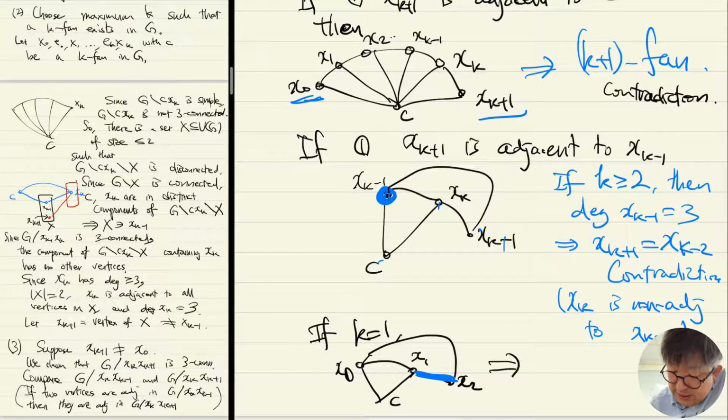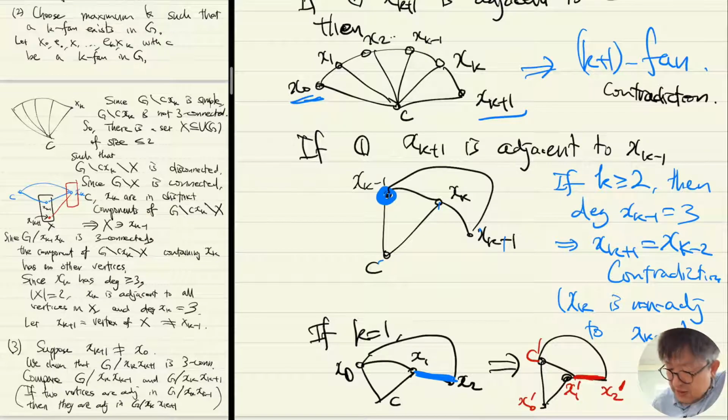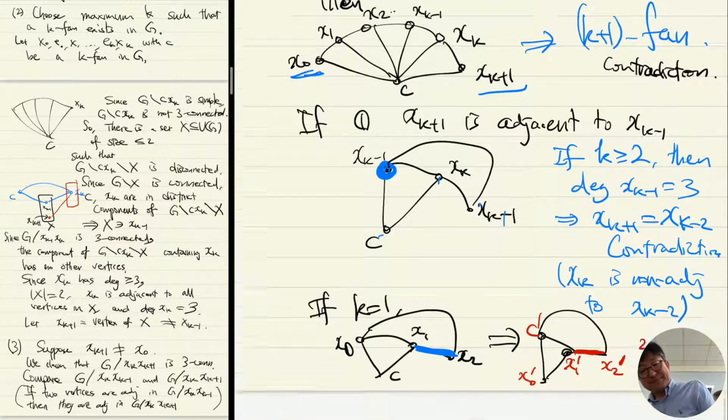In this case, I can find the 2 fan again. Now let's put different names. So this is my C, this is my new x0 prime, x1 prime, x2 prime, C prime. And when you contract, this is a 2 fan. So that's a contradiction. k was chosen to be the maximum such that there exists a k fan.